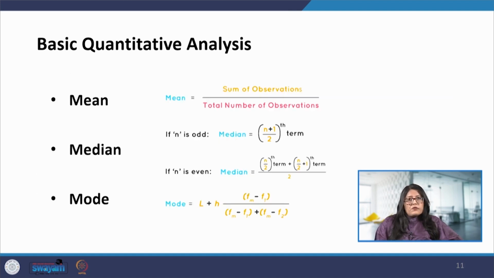Mean refers to the commonly understood interpretation of average, which is to add together all the figures and then divide by the number of figures with which we began. Median is the middle value of the data when the numbers are put in order, and mode is the most commonly occurring number in the data set.